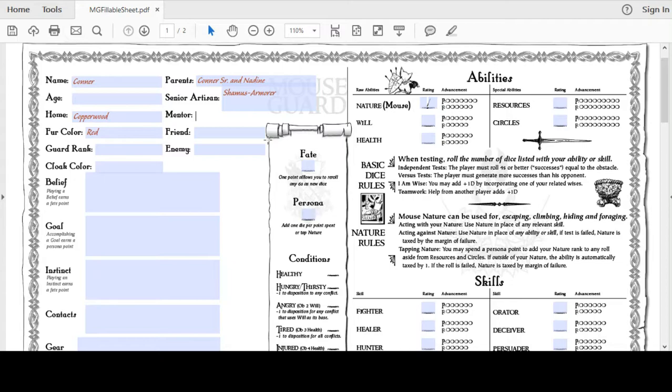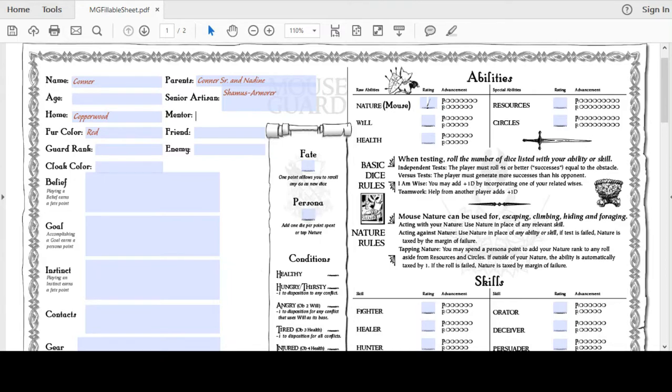Next, we have to come up with a mentor. After a mouse is under a senior artisan for two seasons, then he is given to a Mouseguard to be his mentor for a few seasons. It doesn't specifically say how many. Obviously, some could be faster than others. So the one thing with the mentor is you have to think about, yes, he's going to train him to be a Mouseguard, but what was that mentor good at?